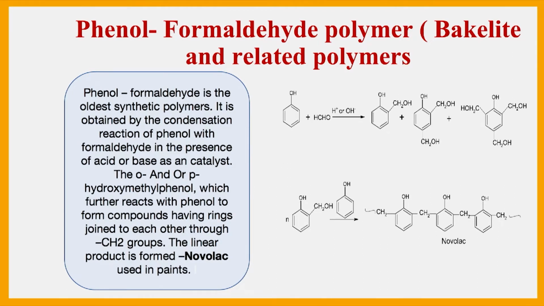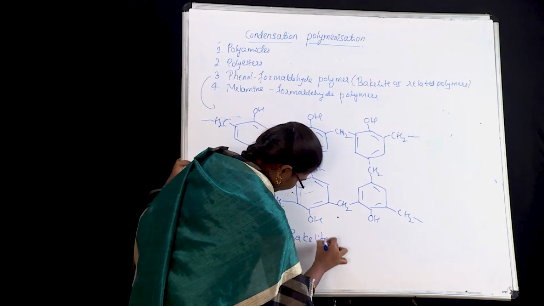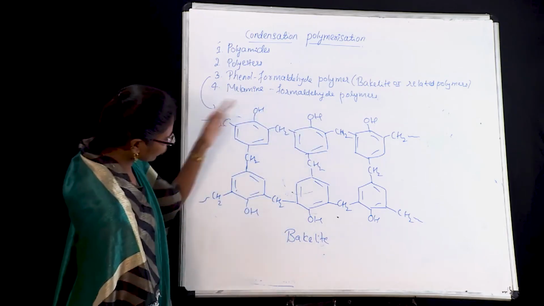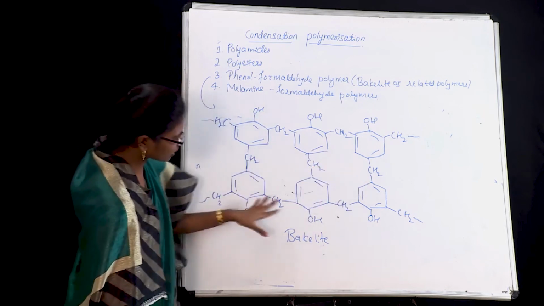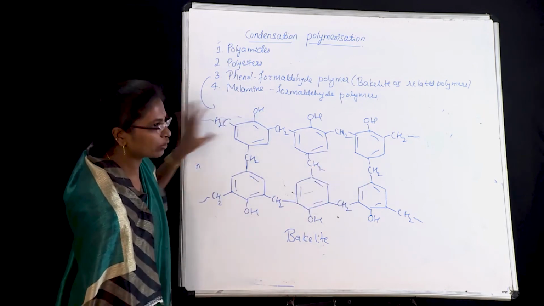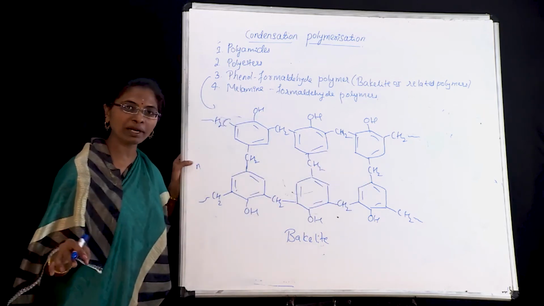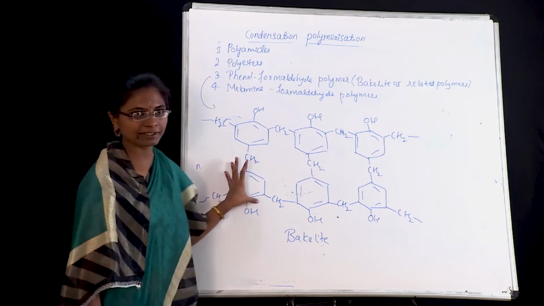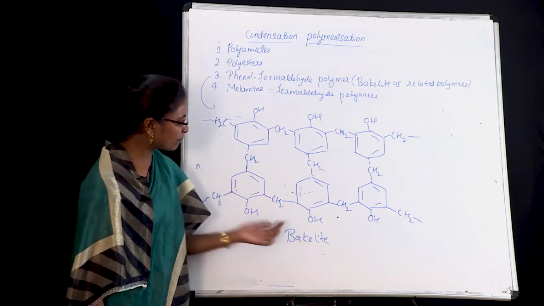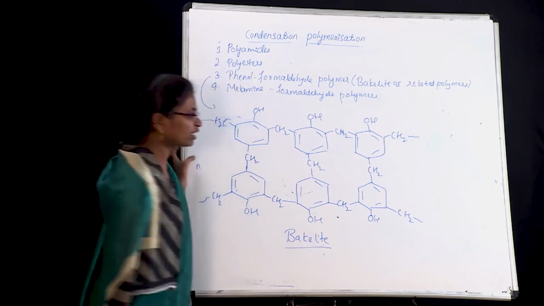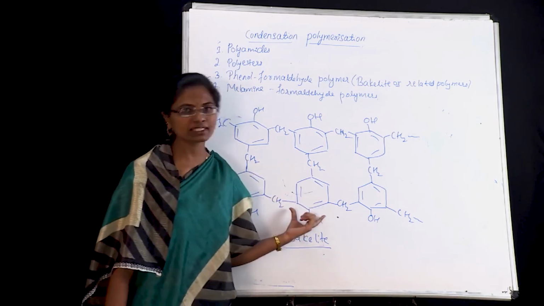This is the bakelite structure. In Novolac we have only this much structure, and then when we react with another formaldehyde we will get the bakelite. Bakelite is very important for examination, they will ask only the structure for 2 marks.